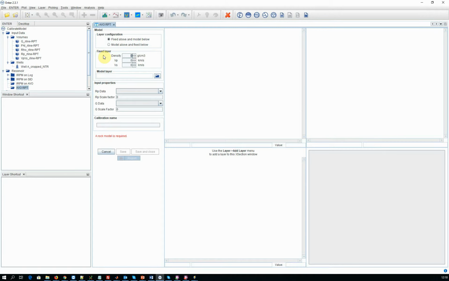First you need to consider if you're going to use a fixed layer above the model or the model above the fixed layer. And we will use the fixed layer above the model. This means that we are going to consider the transition between the caprock and the reservoir.